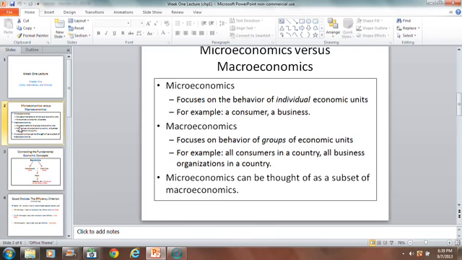You can think of micro as a subset of macro, because if micro consists of individual units and macro is group units, you can take individual units and group them together to get macro. By the same token, you could take a group of units, break them apart, and the individual components will represent micro. So micro and macro are two branches of economic inquiry, and we go down the very interesting branch of microeconomics.